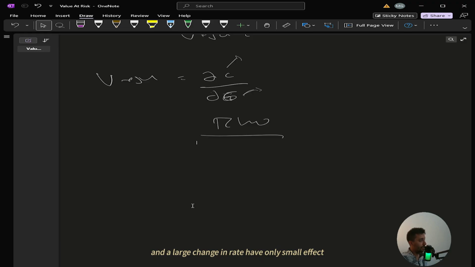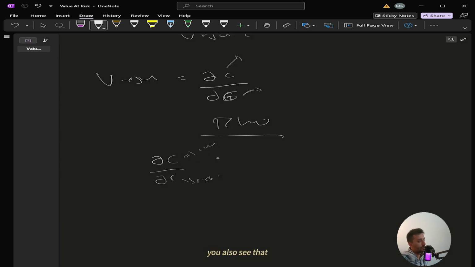Even a large change in rate has only a small effect on equity option prices. And we have the rho formula: partial call over partial r, where r is the risk-free rate and call is the call price. You also see that all Greeks have the same formula, only this part changes. Carefully here.